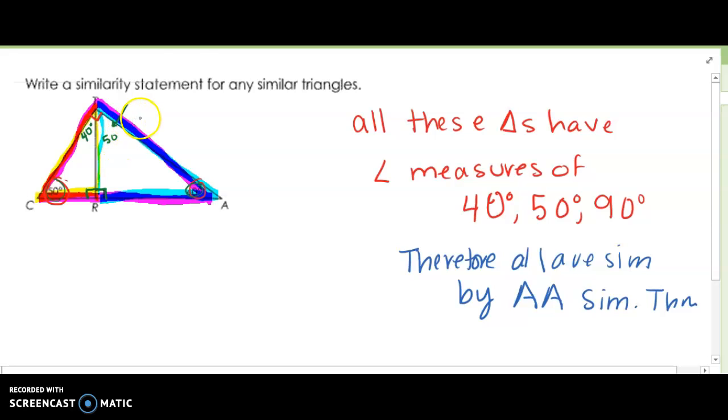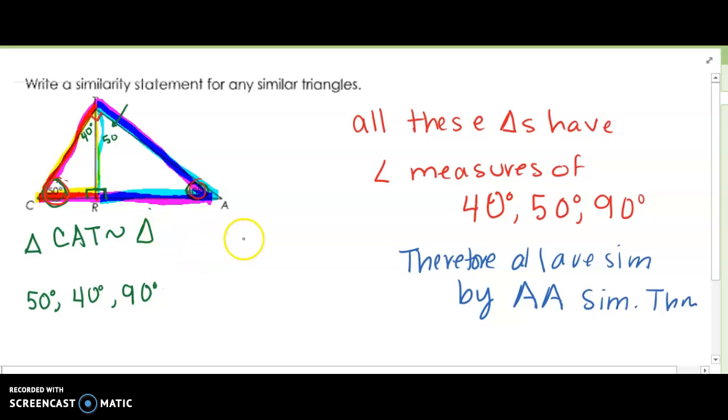Alright, now let's write a similarity statement. I'm going to say triangle CAT. I always start with the big triangles. You don't have to, but I do. Triangle CAT is this big triangle here, my angle C is 50 degrees, my A is 40 degrees, and my angle T is 90 degrees.